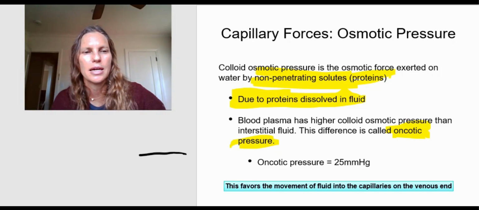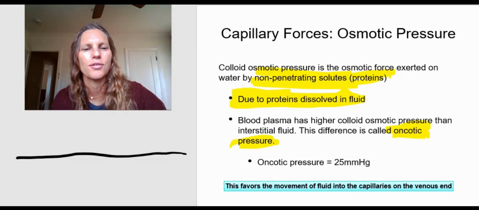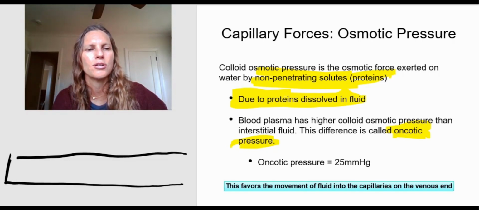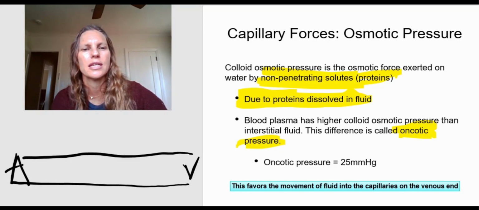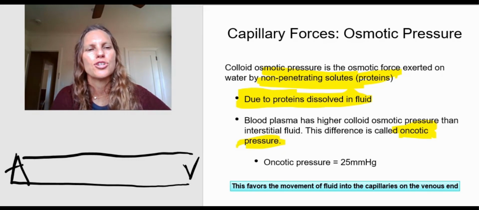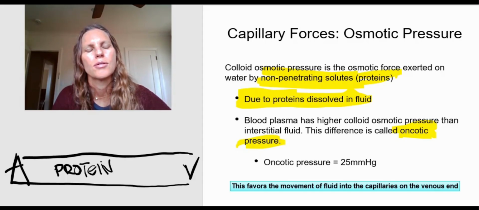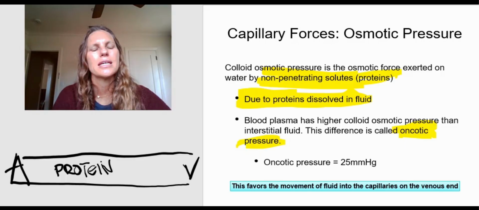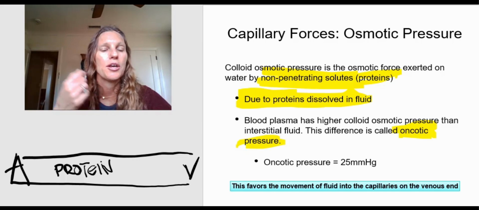So let's do our capillary again. And we're going to put all of this together in a few minutes. So here's our arterial end. Here's our venous end. Now what we're saying is there's more protein in here than there is out here. Remember, the osmotic pressure is the osmotic force that's exerted on water by the presence of these proteins.